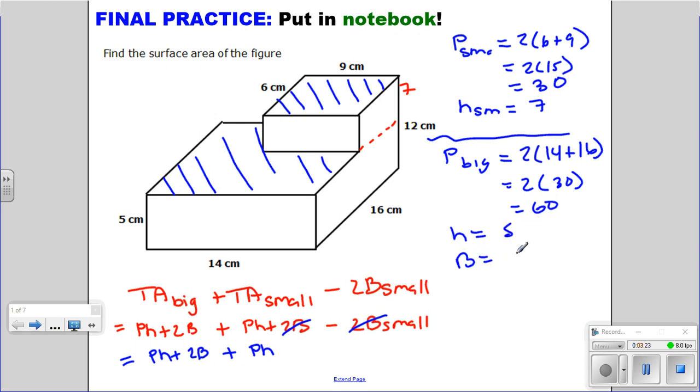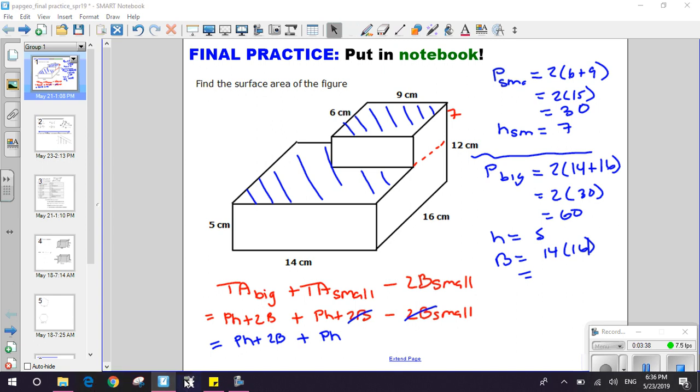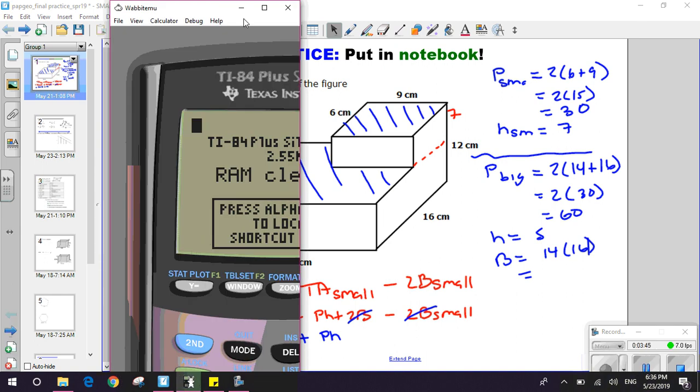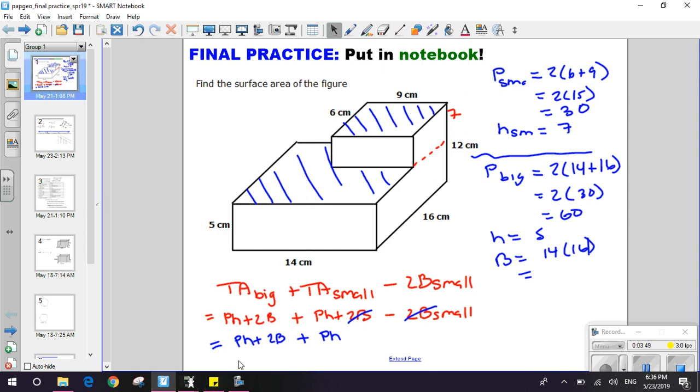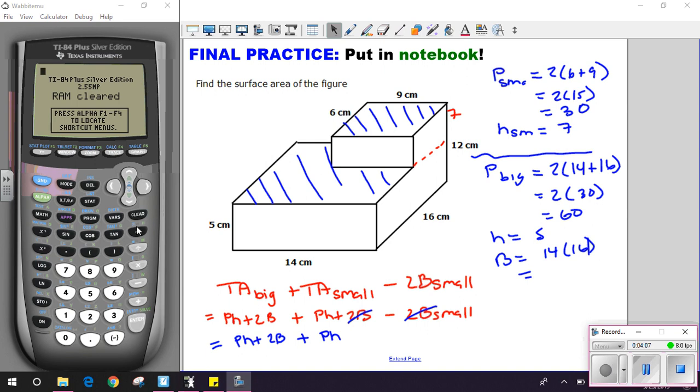And then the area is going to be 14 times 16, which is 224.